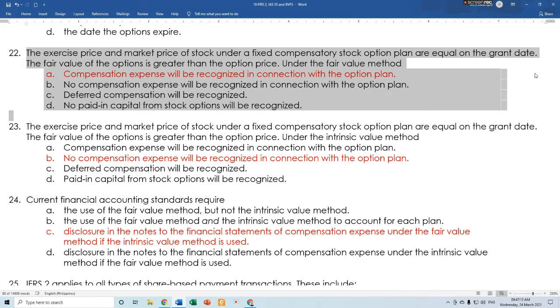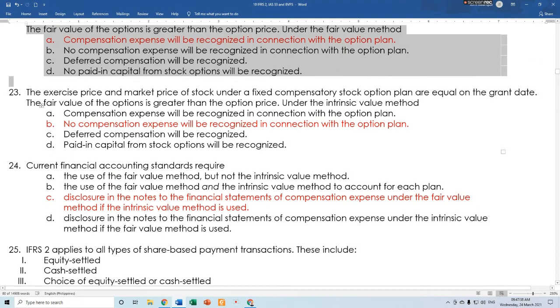Kasi meron naman tayong fair value na given, di ba? So, regardless kung ano pa man yung differences ng prices natin, basta kung nagbigay ka na ng option price tapos merong fair value naman yung option, edi gamitin mo na yung fair value ng option as the basis of the compensation expense. So, the answer there is letter A. Walang problema kasi naka-fair value ka.